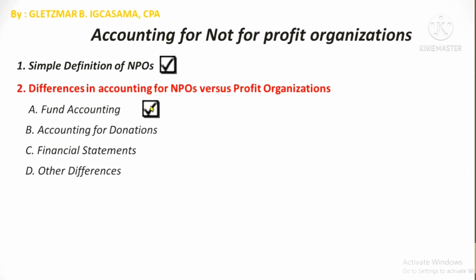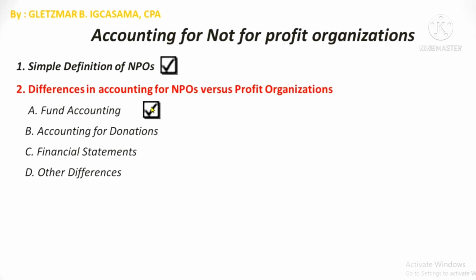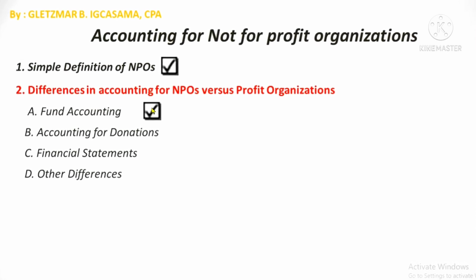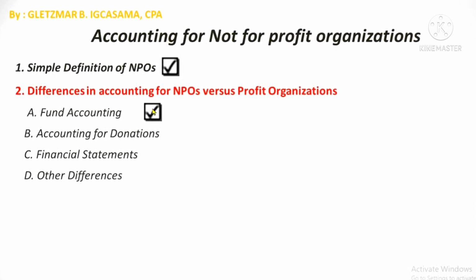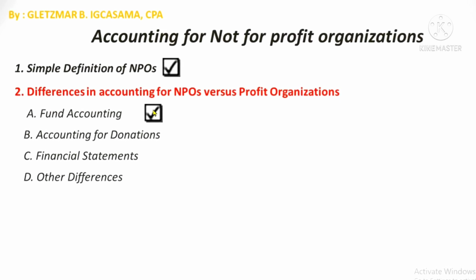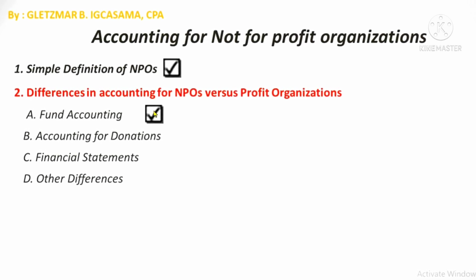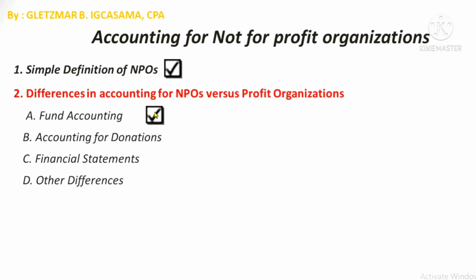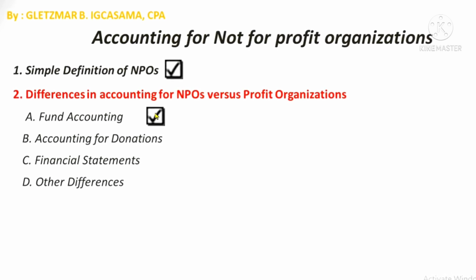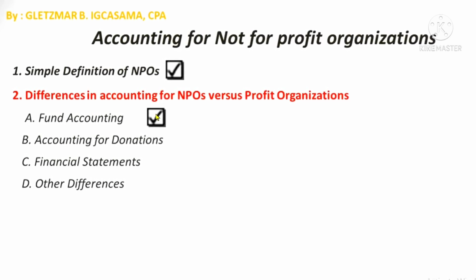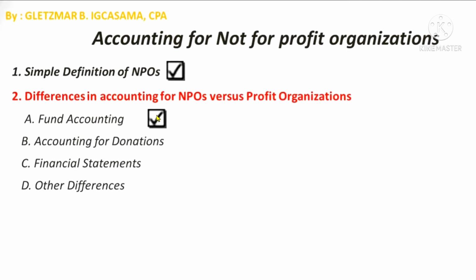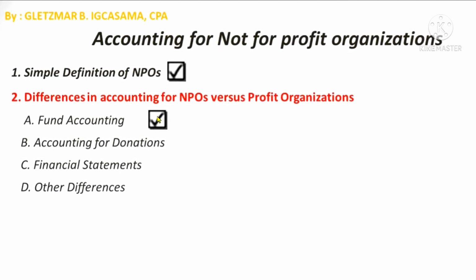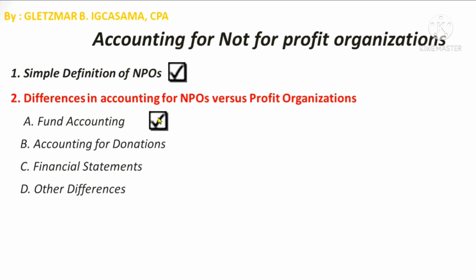But if you don't know that, then go back to the second episode of this series. I promise you it's just very short. The second type of fund is the restricted net assets, which is composed of temporarily restricted funds, which are restricted either by time constraint or purpose, and the permanently restricted funds.